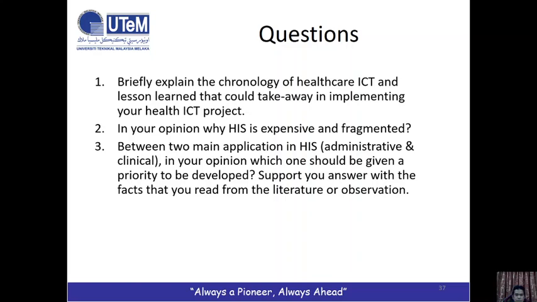For example, between the two main applications in HIS, administrative and clinical, in your opinion, which one should be given priority to be developed? Support your answer with the facts that you read from the literature or observation. Let's say you say that administrative is the first priority, then support it with your answer.